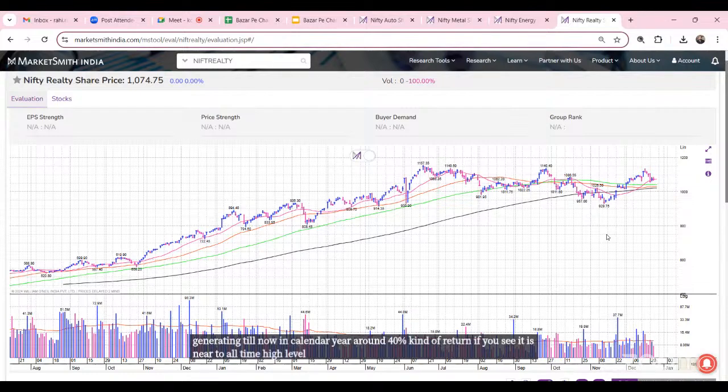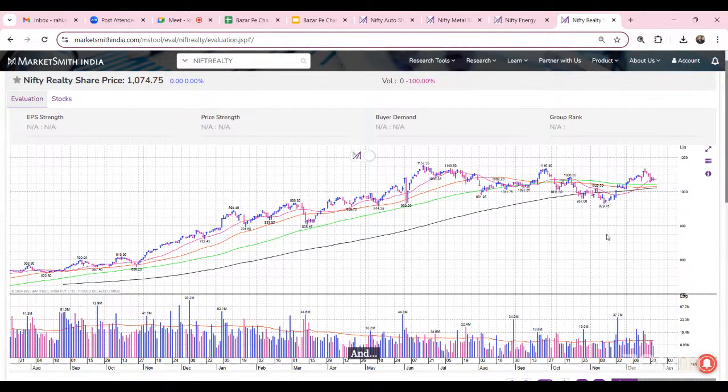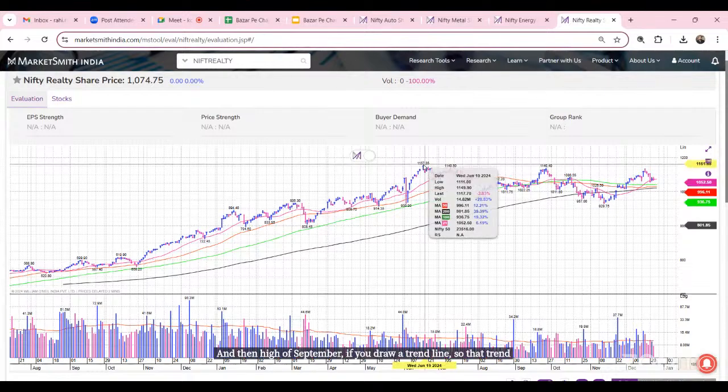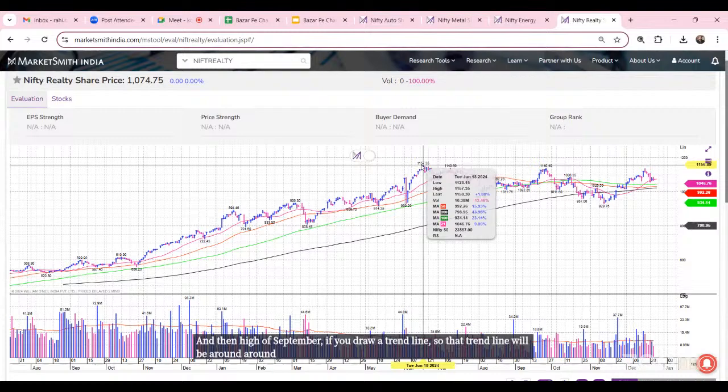And if you draw a trend line in Nifty Realty from the high of June and then the high of September, that trend line will be around 1120.